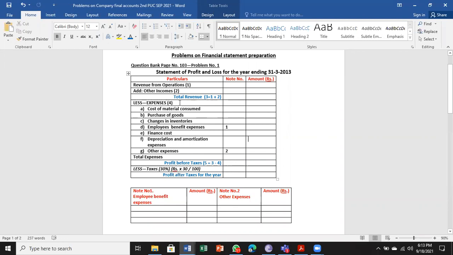Then less expenses, which I have taken as number 4. There are a few items under this, 6 categories, and the 7th one is other expenses.